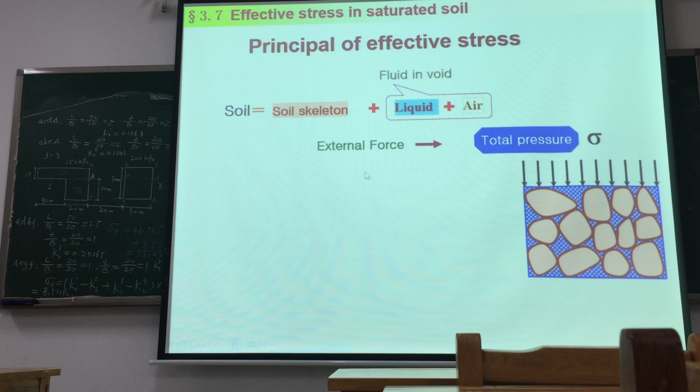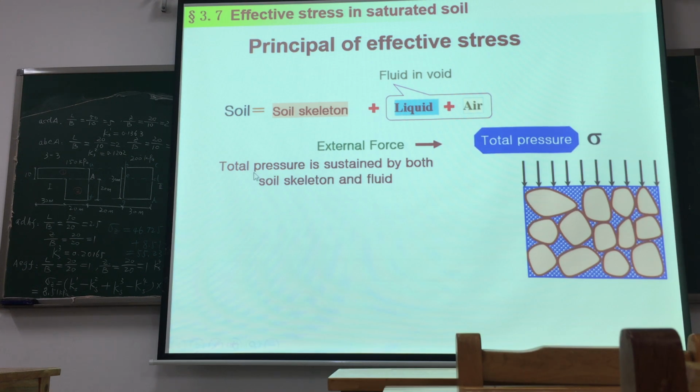So the external force is called the total pressure. The total pressure includes two parts: one carried by soil particles, and the other carried by the pore water in the void.